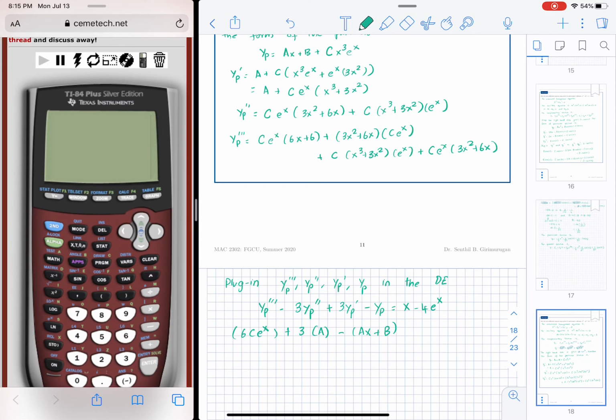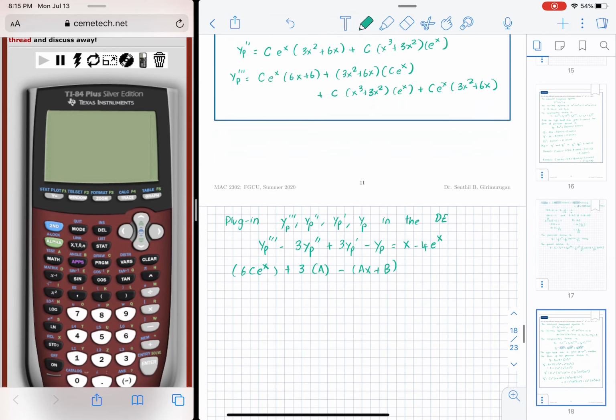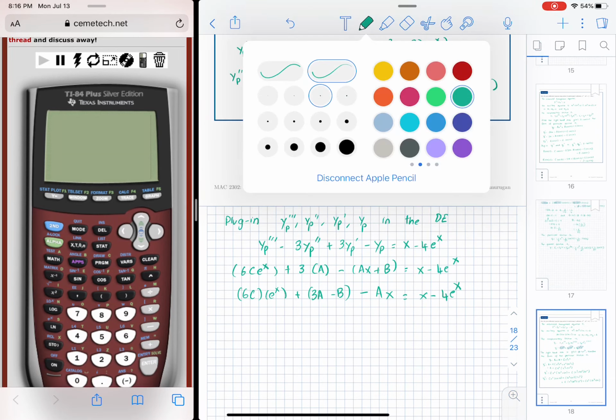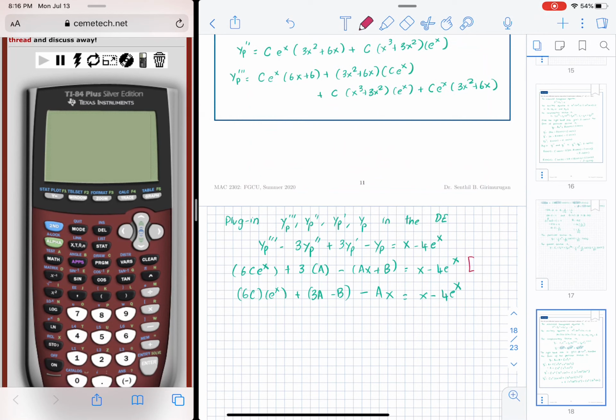So what I can do now is I could combine 6c e raised x, 3a minus b minus a x, equals x minus 4 e raised x. This is a crucial step. I can't stress this enough.